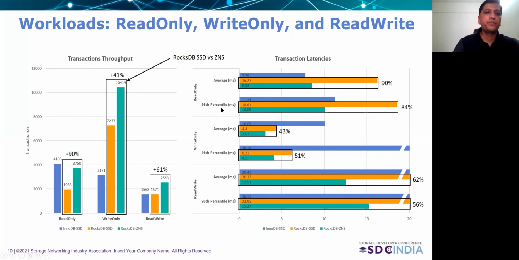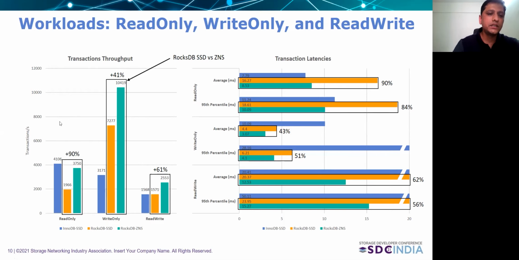So these are the workloads that we ran. We ran a read-only workload, a write-only workload, and a read-write workload. What we want to look at here is that the blue one is InnoDB, the orange is RocksDB on a conventional SSD, and the green one is RocksDB with ZenFS on a ZNS SSD.